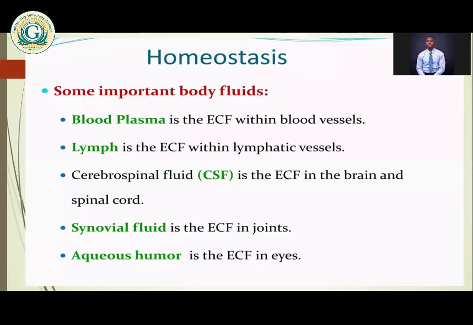To take it again, we have interstitial fluid, plasma, and transcellular fluid. Under transcellular fluid, we have lymph, cerebrospinal fluid, synovial fluid, and aqueous humor. I hope that is clear.